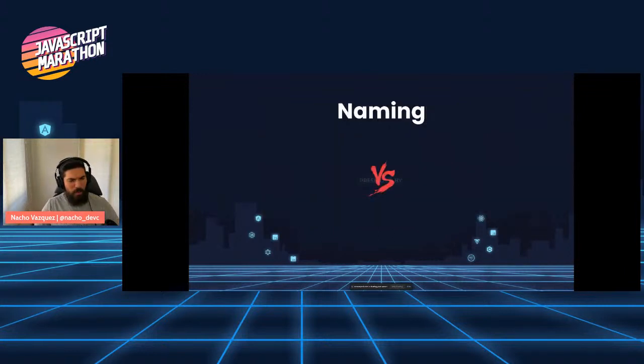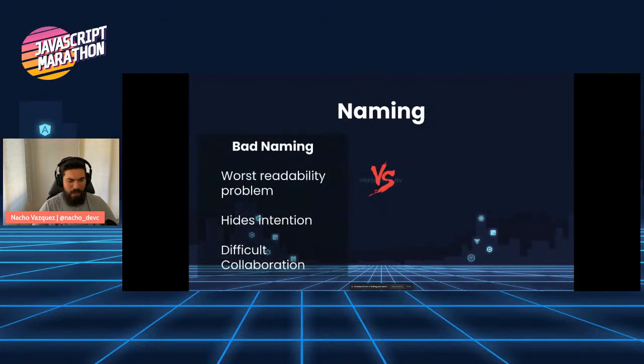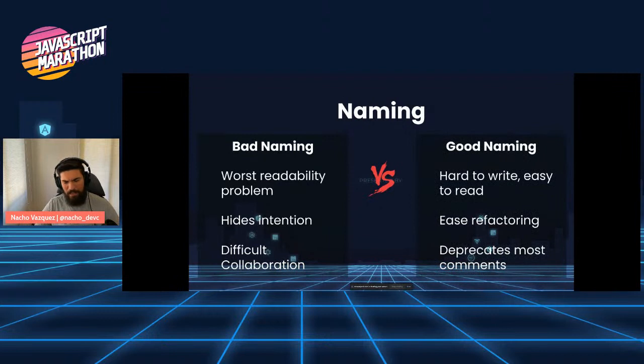We are going to start with naming, and naming is a very important one, because you can have either bad naming or good naming, and the result of having one or the other could drastically affect the performance of your work, of your team, and your organization. So having the right names can solve a lot of problems.